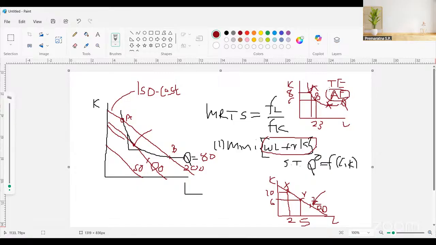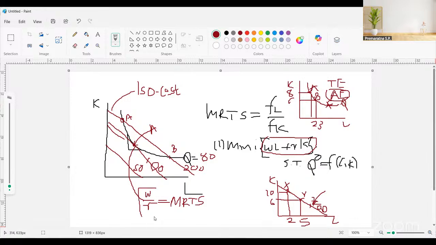Allocative efficiency is there. Now you can see both reach at this point, like I marked here, point A, the tangent point of the isocost curve and isoquant curve. There, the slope of the isocost curve, which is the input price ratio, W over R, equals the slope of the isoquant curve, that is the MRTS, marginal rate of technical substitution.